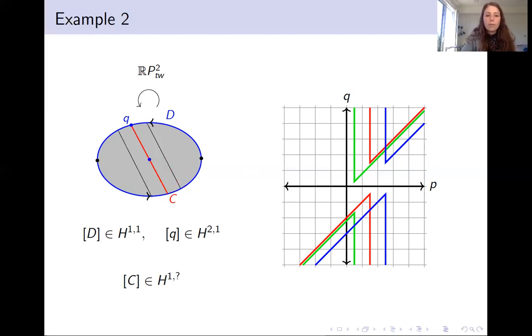So here's our normal bundle, or at least the outline of it. It's this strip. Again, I see a Mobius band. I identify this side with this side, but with a twist. Now we see how things can get weird. If I look at this fixed point and look at some neighborhood around it, it looks like an R^{1,1} bundle.